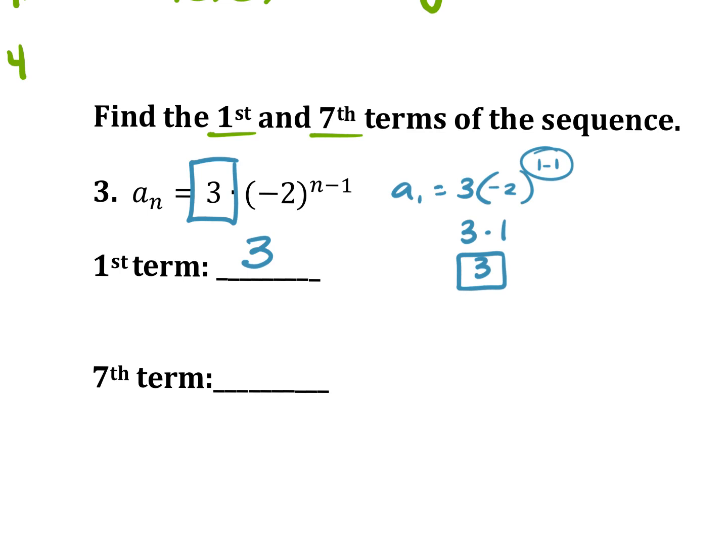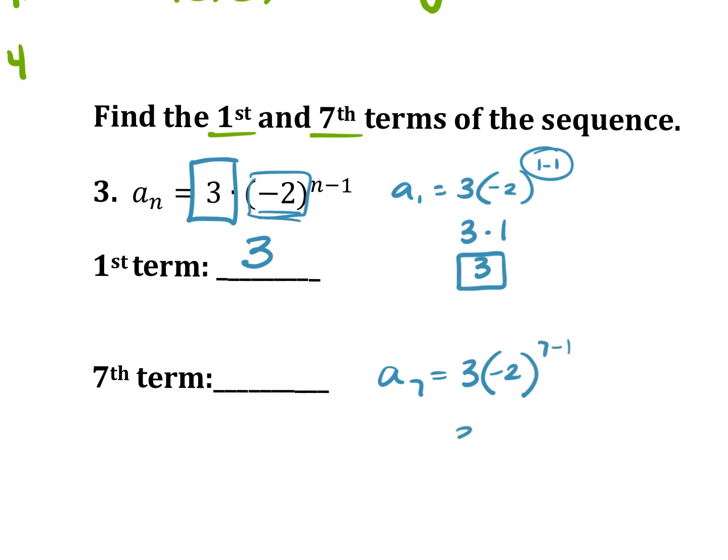Your 7th term, you should plug the number 7 in. Now, because you're multiplying by a negative 2 each time, that's what this negative 2 is saying, you could just go 3 times negative 2 times negative 2 times negative 2, 7 times. But that's a lot more work than just plugging a 7 into your formula. So A sub 7, your 7th term, is 3 times negative 2 to what power? 6. 7 minus 1.